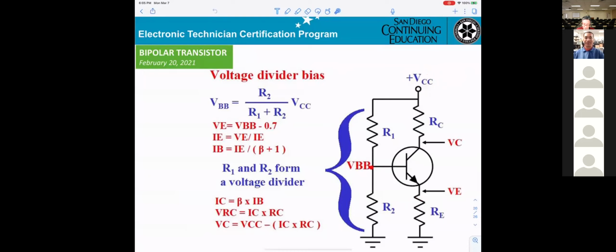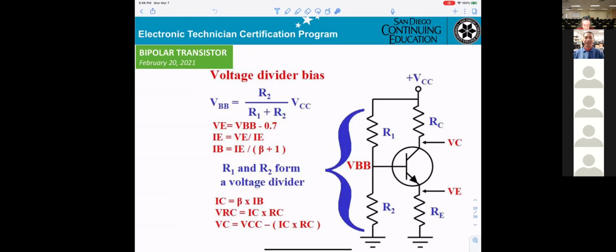The voltage here will be VCC times R2 divided by R1 plus R2. So they can get the voltage here. Otherwise, you need another power supply, which costs more money. Resistors are very cheap, 5 cents, or 10, or 15, or 25, depending on the tolerance.